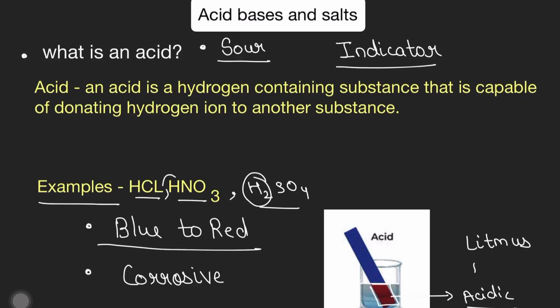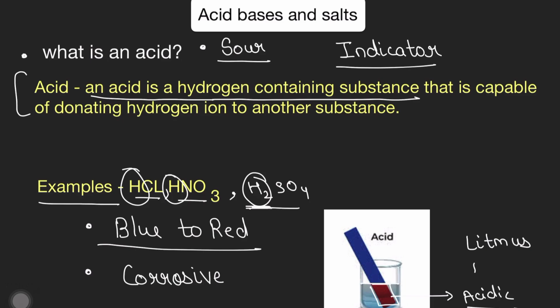Always you will see that hydrogen is present in them. So we can say that an acid is a hydrogen containing substance. When we put an acid in water, it donates hydrogen.